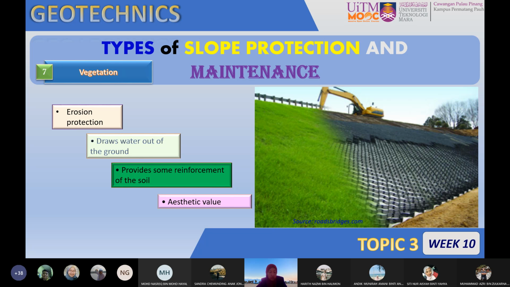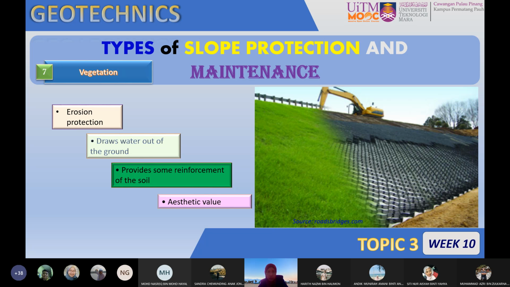Why are we using this one? Because we try to protect from erosion, we allow water to flow out, and it provides some kind of reinforcement, and lastly, aesthetic value. So look at this one: after you have changed the slope geometry, the next step is maybe to reinforce the slope using geogrid or geomembrane. Last but not least, before you apply vegetation, you can see that in between the geomembrane there's fill material inside it.